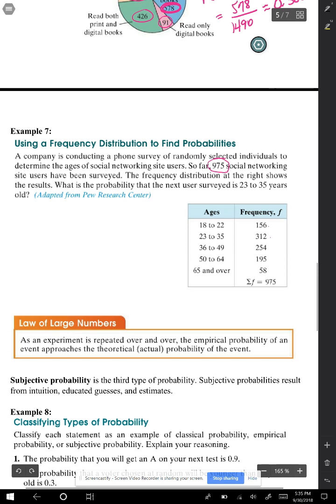So based on the 975 already surveyed, we want the probability that the age is 23 to 35. And based on this, we've had 312 in that age range out of a total of 975. And again, you divide to get your decimal, and that comes out to 0.32 exactly.